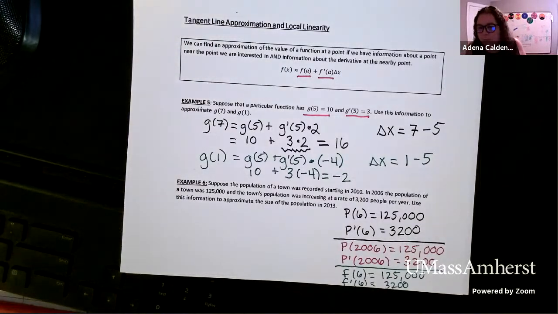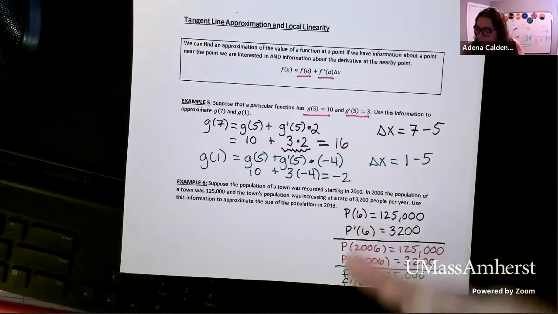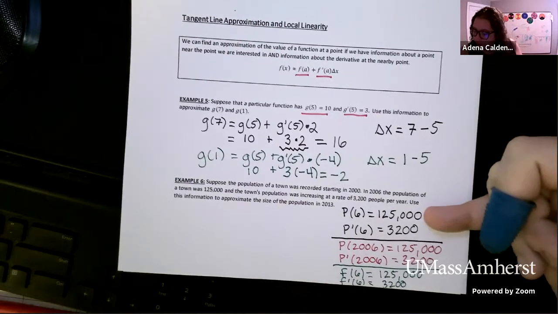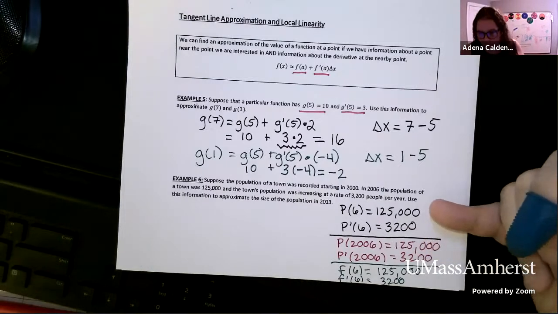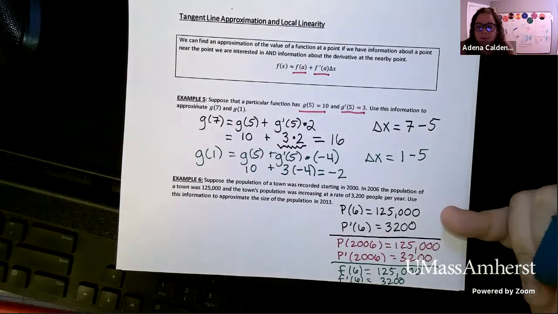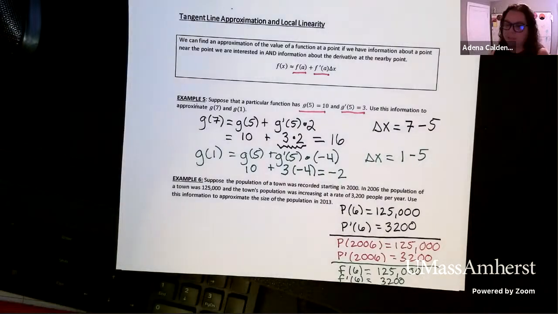You may not have used P at all. You might have said f of 6 and f prime of 6, right? All of these are fine. It doesn't matter the sort of front end notation. What matters is that you have the value at a point and the derivative at that same point. And those values are 125,000 and 3,200. Since we weren't given specific notation to use, you can use whatever notation feels best to you.